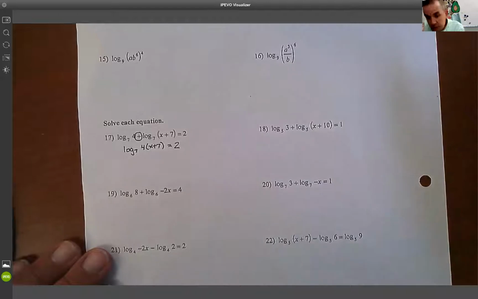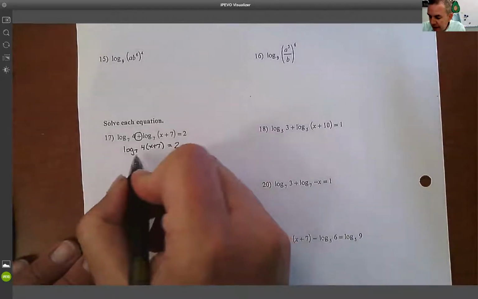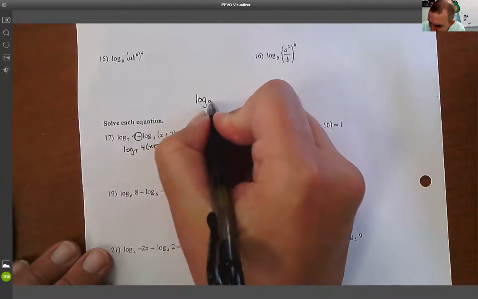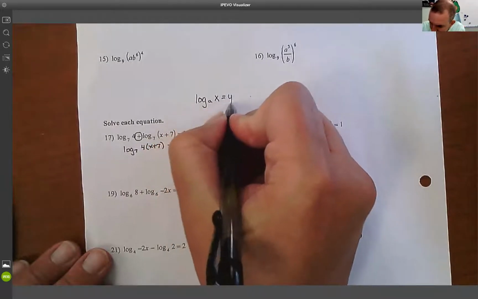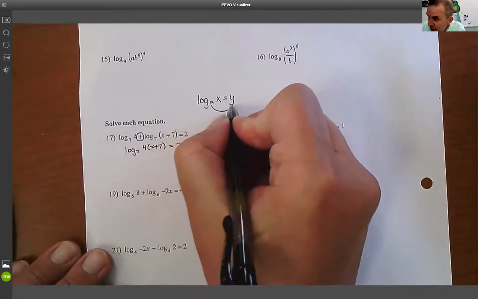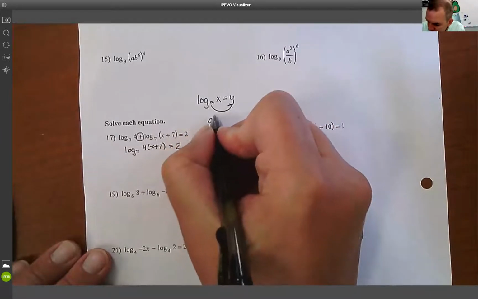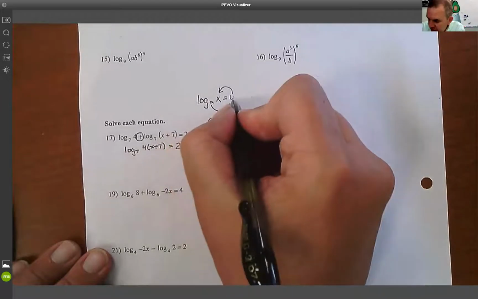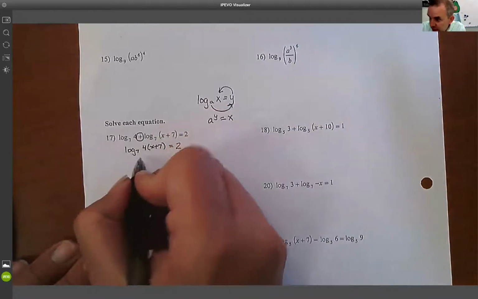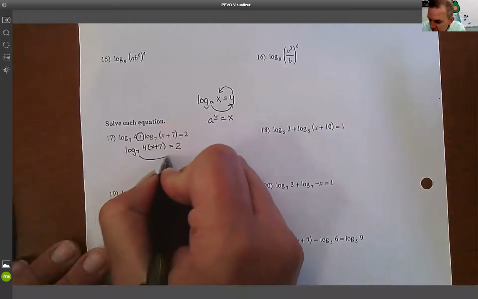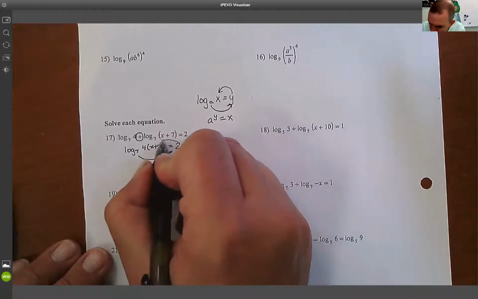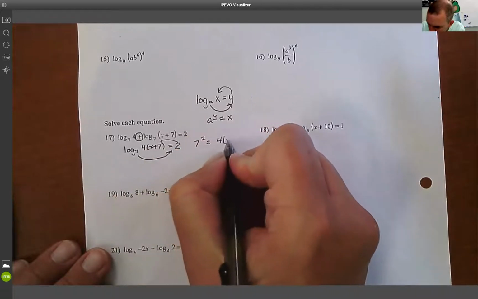Now we use the rules of how we put exponents back together. Remember, if log base a of x equals y, it's this base raised to this power, so a to the y equals x. So 7 to the second power equals 4 times x plus 7.